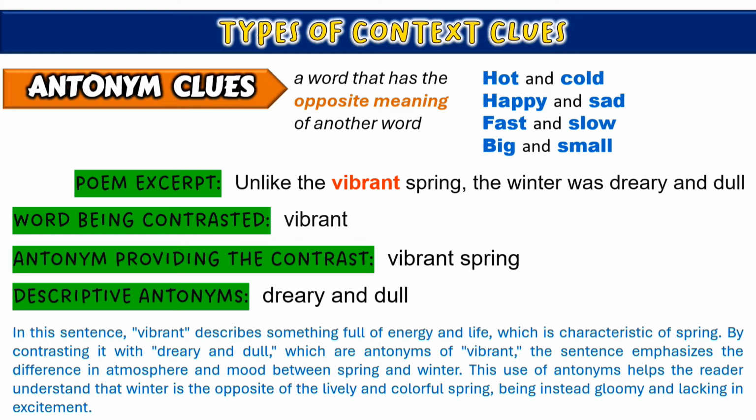By contrasting it with dreary and dull, which are antonyms of vibrant, the sentence emphasizes the difference in atmosphere and mood between spring and winter. This use of antonyms helps the reader understand that winter is the opposite of the lively and colorful spring, being instead gloomy and lacking in excitement.